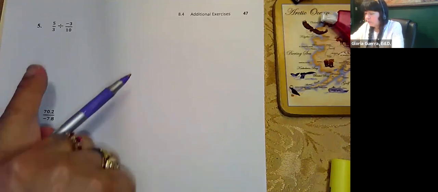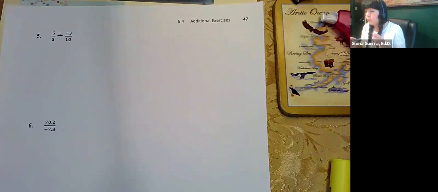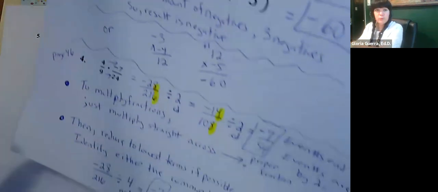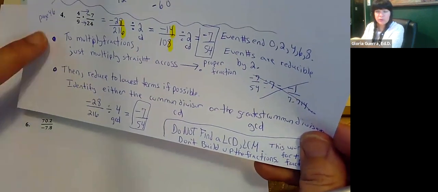Okay, notice here how you're dividing a fraction. When you divide a fraction, we're going to show you one step and you're going to make it into a multiplication fraction. And then after you make it into a multiplication fraction, I'll just rewrite these two steps and then you just follow these steps because you're multiplying fractions.